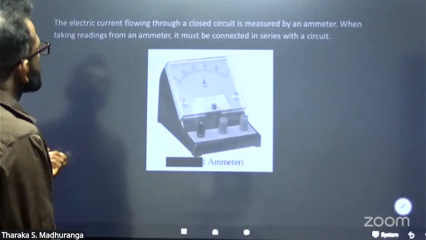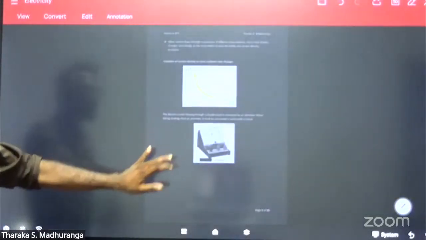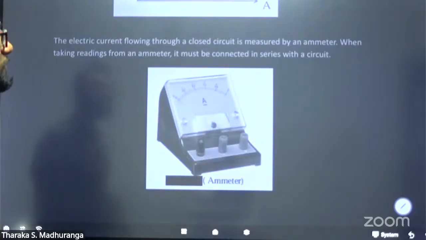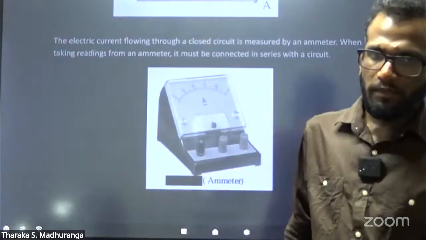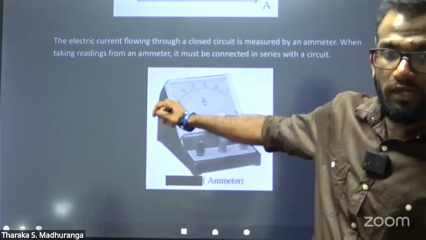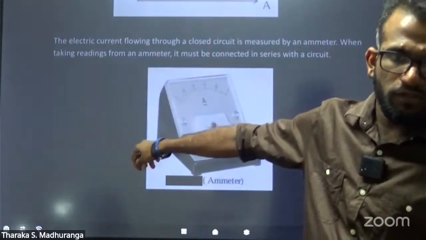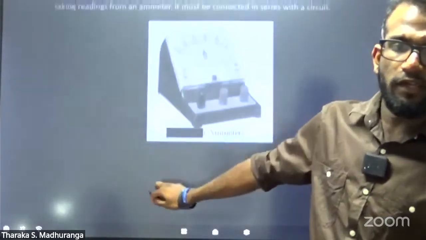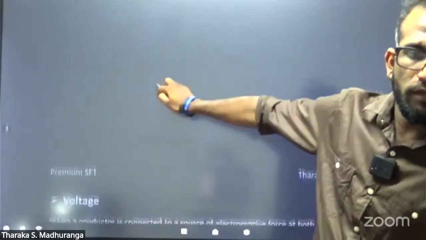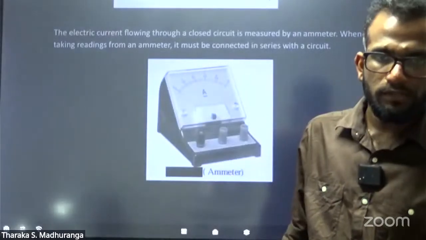The electric current flowing through a closed circuit is measured by an ammeter. It needs to be connected in series, as you already know from O/L time. That's all about electric current.